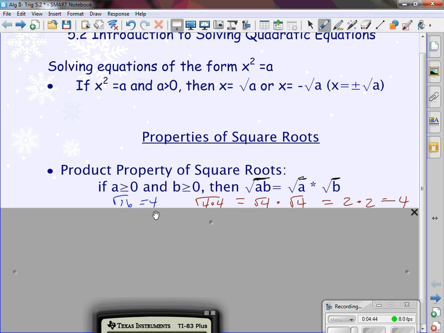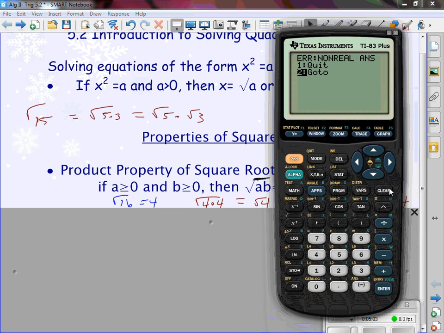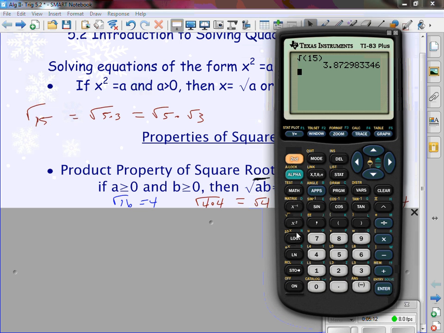If I have two things on the inside, if I have square root of 15, how can I rewrite the square root of 15? 5 times 3, which is the same thing as the square root of 5 times the square root of 3. Just to show you on the calculator. Square root of 15 is this.